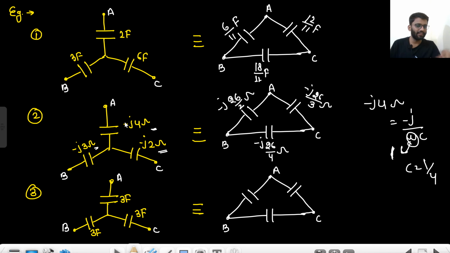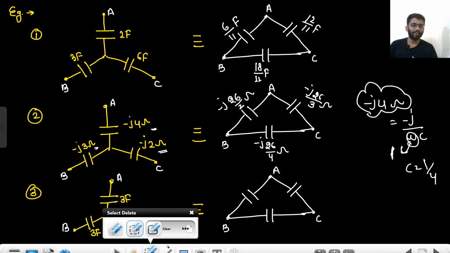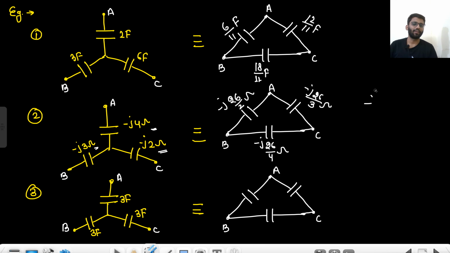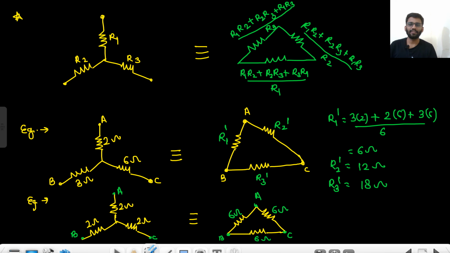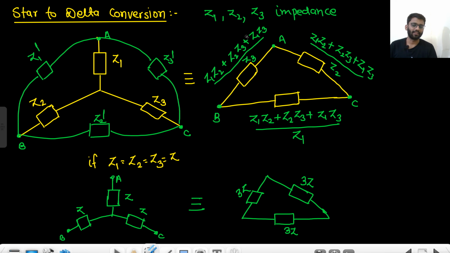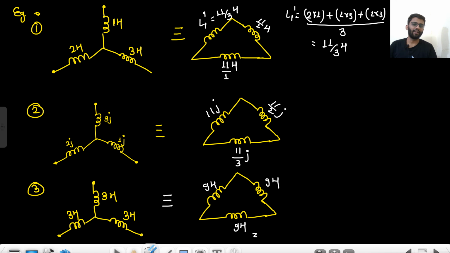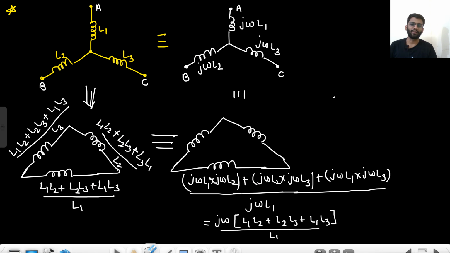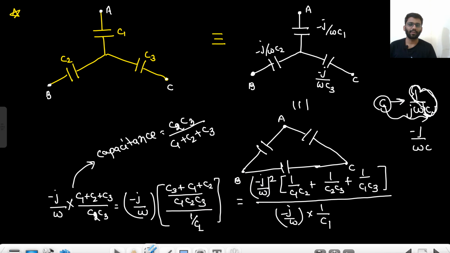Then it will be converted into this impedance. So this is not the value of capacitance. This is the value of impedance. And for impedance, we will apply the same formula that we studied here. This formula: Z1 Z2 plus Z2 Z3 plus Z1 Z3 upon Z3. You need to remember it. There is no other way. There is no other shortcut. You just need to remember it.